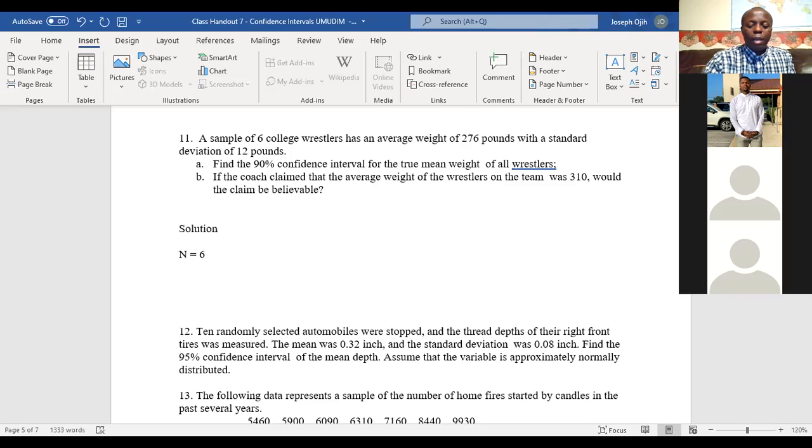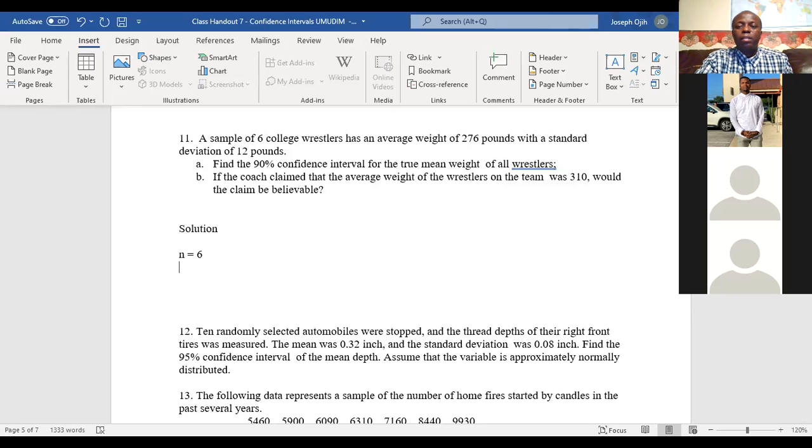The average weight is 276 pounds. The character for the average, x bar, we cannot get here, so I'm going to take you to where we can get that character.